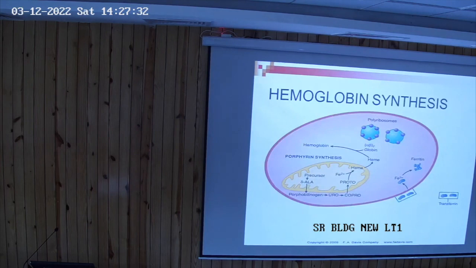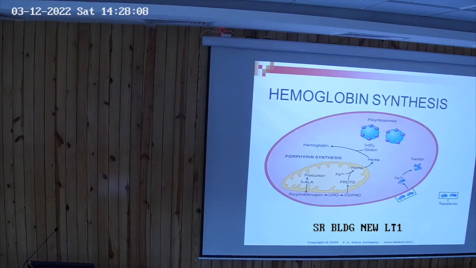Now you have to remember an important thing. In hemoglobin synthesis, the site of heme synthesis and globin synthesis is in the erythroid series cells, that is the normoblast, starting from the intermediate normoblast. We'll see the erythroid series later, but the synthesis of heme takes place in the mitochondria, whereas the synthesis of globin takes place on the ribosomes.